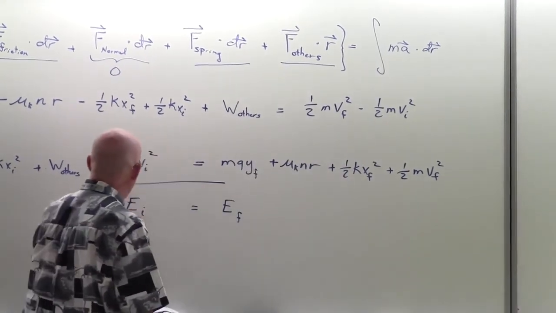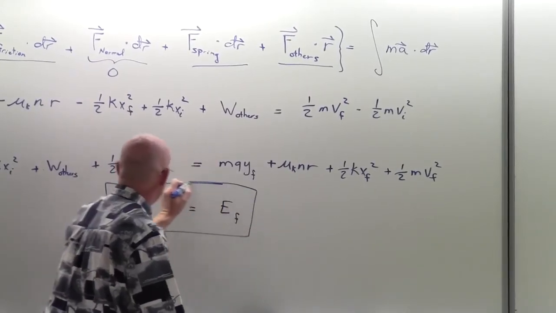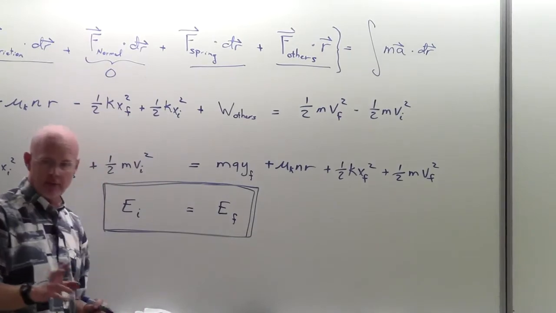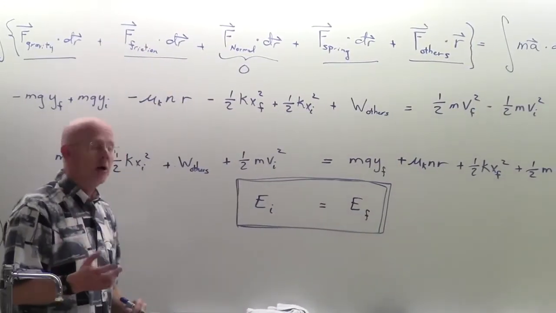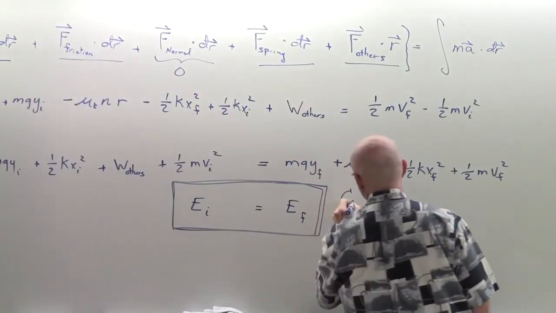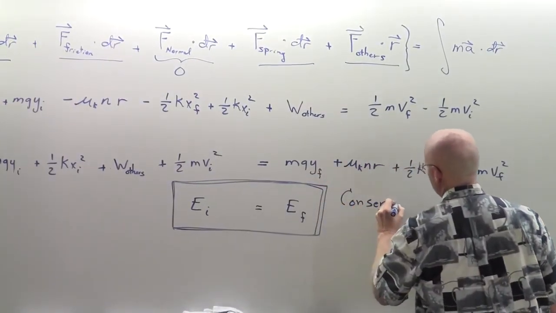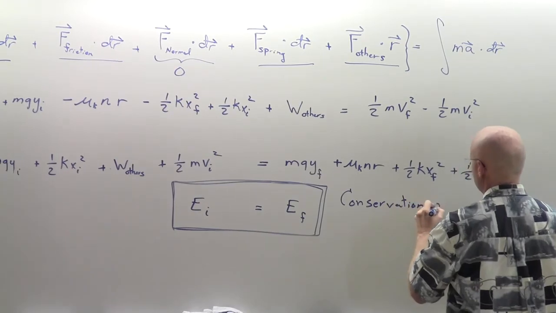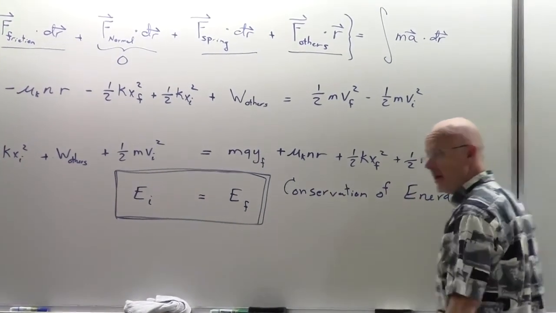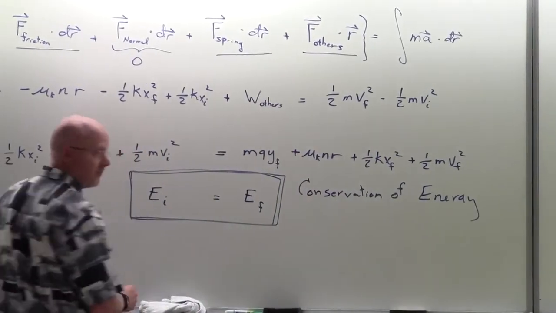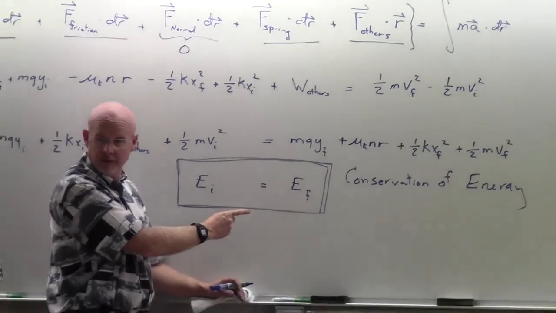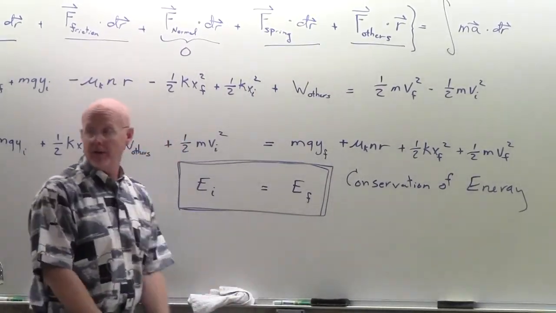And so if we take all of that hard work that we just did and call each term an energy term, what we have is conservation of energy. What is it saying? The energy you start with is equal to the energy you ended with.